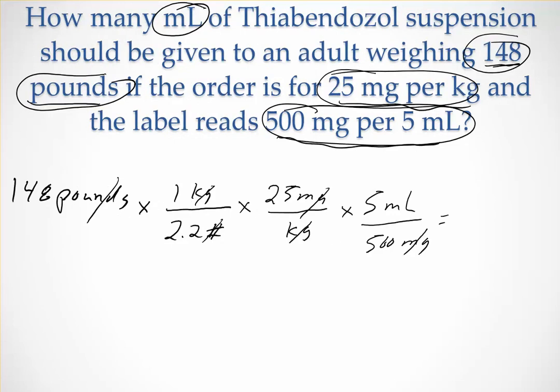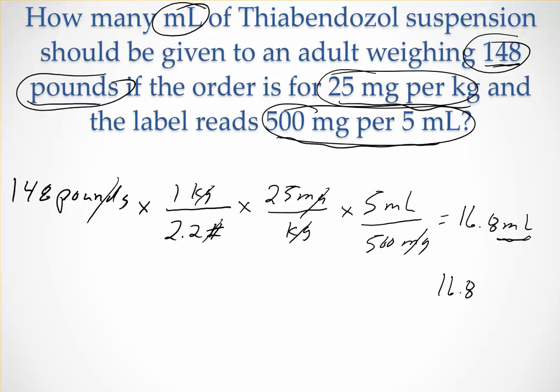So if we multiply and divide this out, we get 16.8 milliliters. Now it is a good habit to get into to always include your milliliters or your units. If I would just write in 16.8, people are going to ask, well, 16.8 of what?